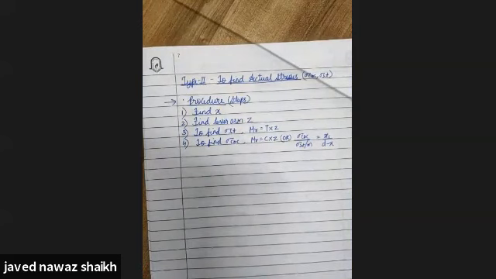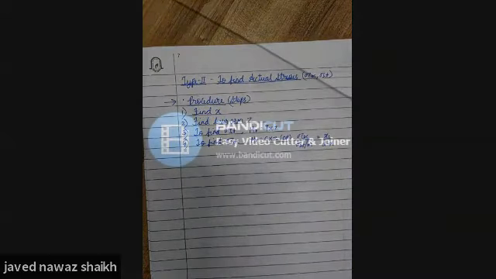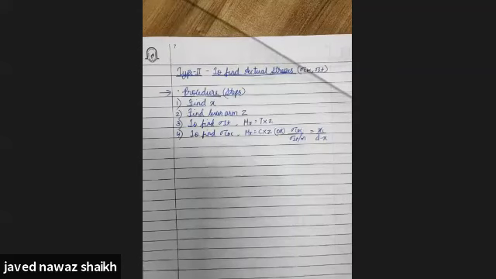I hope this is visible to everyone. A beam 350 by 650 mm overall is provided with tensile reinforcement of 4 bars of 22 mm dia.